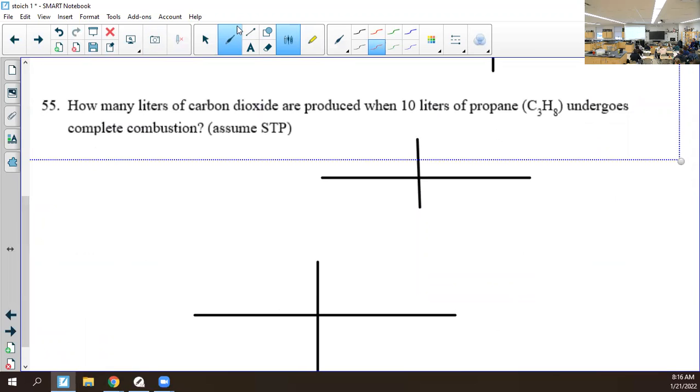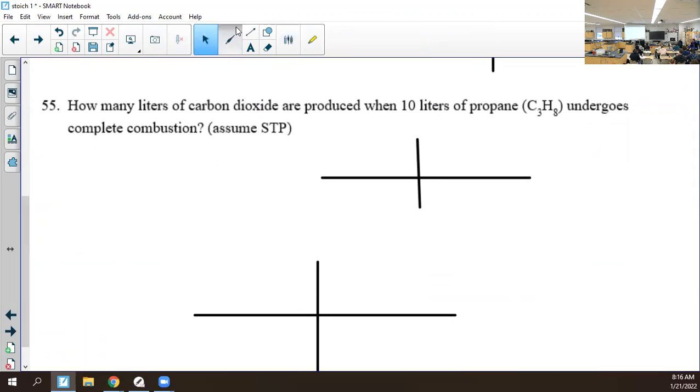So you may remember there was a long way to do it and a short way to do it. And I'm just going to go the short way. If it confuses you, then just write the whole thing out, and that's fine. So, oh my, this is the combustion of propane again. Tom, find new problems. We've done propane so many times.